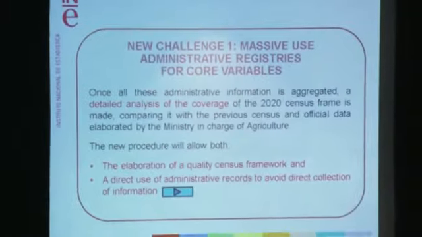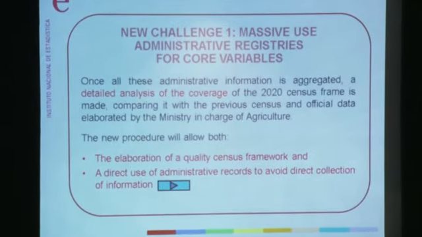And why are we using all these 25 registers? First, for the elaboration of a quality census framework, and second, for a direct use of these administrative records to avoid direct collection of information.